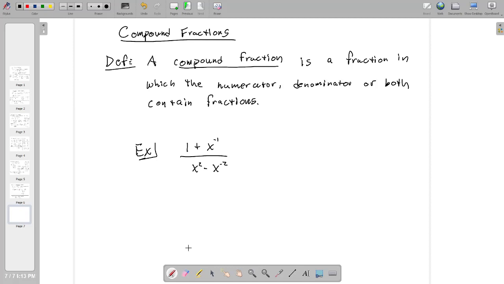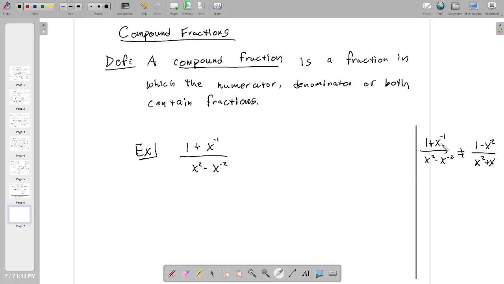I want to make a note over here on the side, very quickly, that 1 plus x to the negative 1 over x squared minus x to the negative 2 is not equal to 1 minus x squared over x squared plus x.